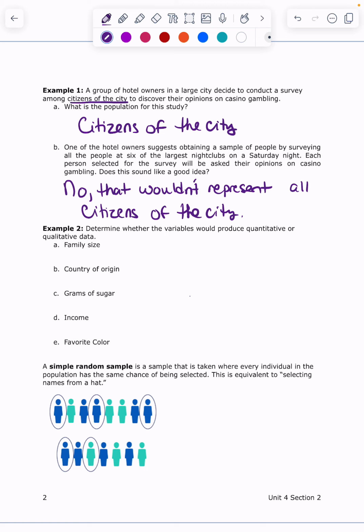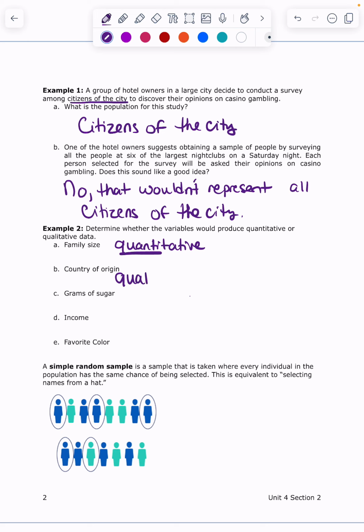Example 2, determine whether the variables would produce quantitative or qualitative data. So family size is an amount or something that can be counted. So that's going to be quantitative. Has that word quantity in it. Country of origin is qualitative.